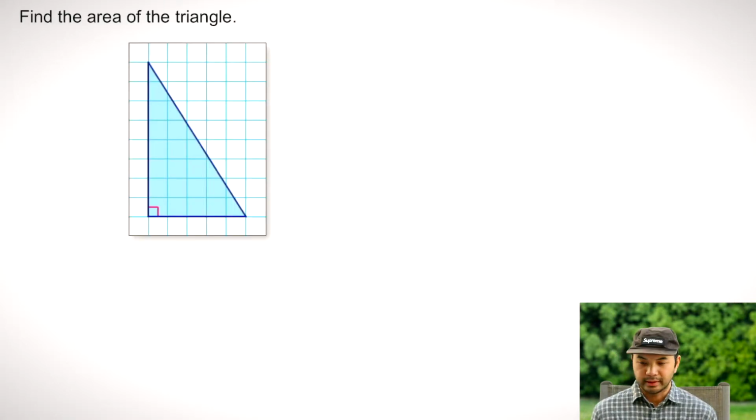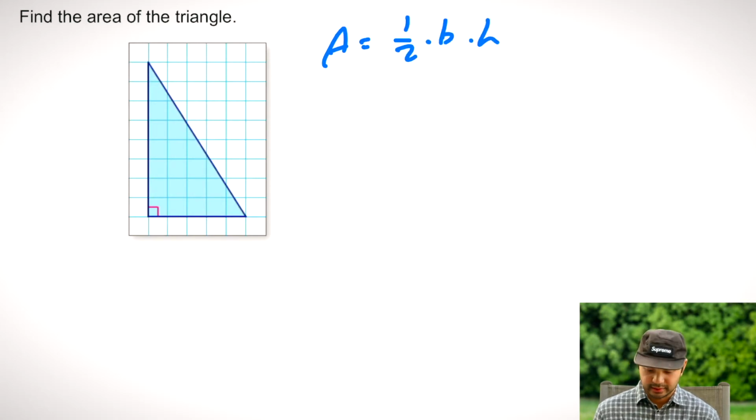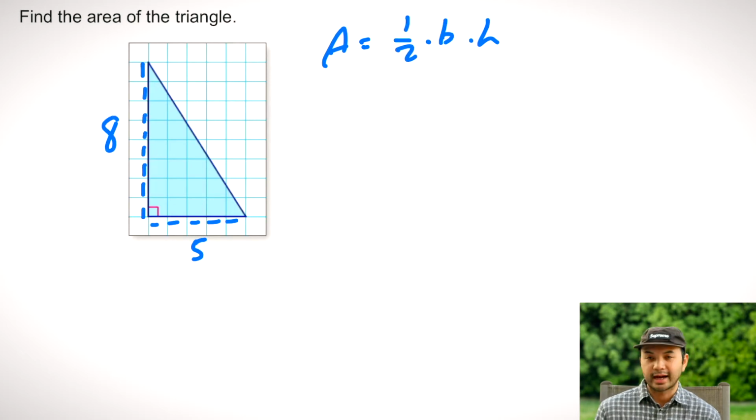If I have a triangle like this, to find the area, you know it is 1/2 base times height. So you have to find the base and the height. 1, 2, 3, 4, 5. So this is a base of 5. 1, 2, 3, 4, 5, 6, 7, 8. This is a height of 8. So you just fill in what you know.